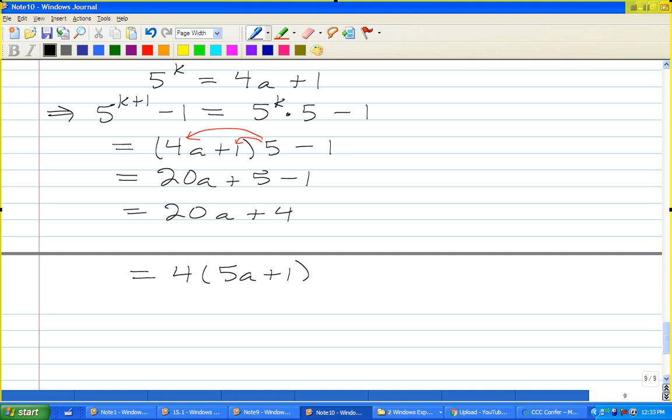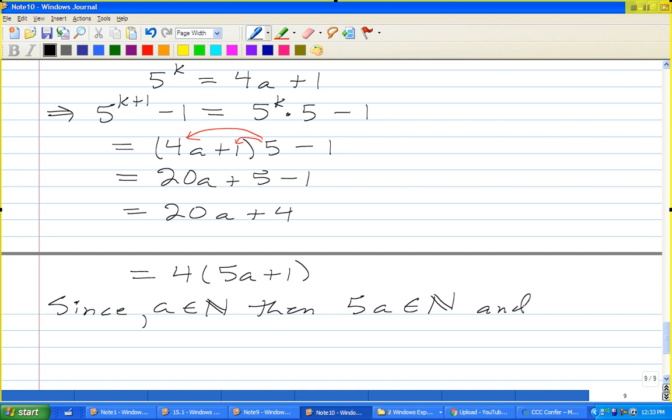Well, since a is a natural number, then 5a is a natural number. Natural numbers are closed under multiplication: a natural number times a natural number is a natural number. So if you have some number like 12, 5 times 12 is certainly going to be a natural number, 60.